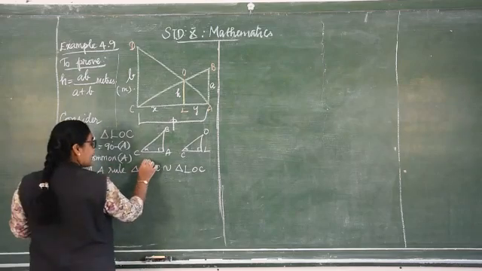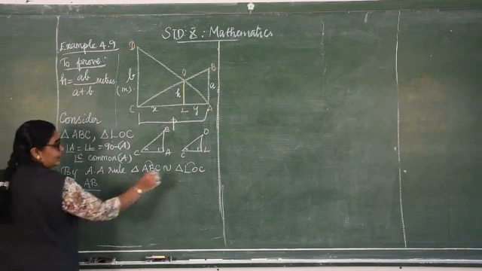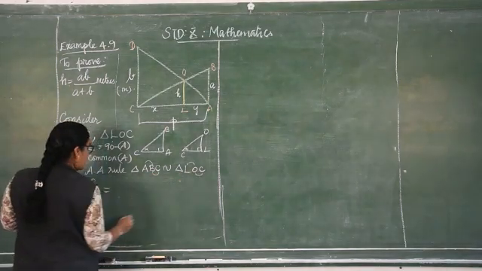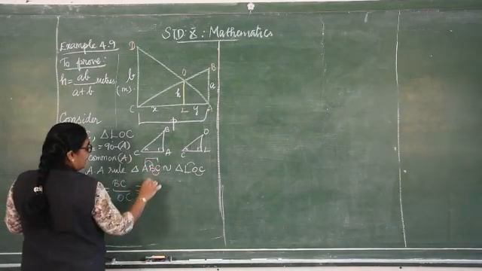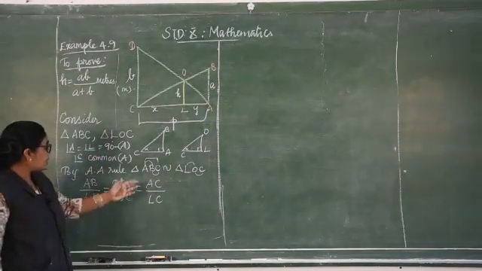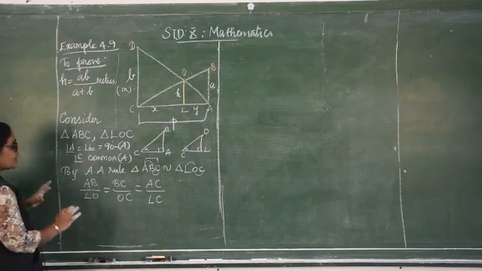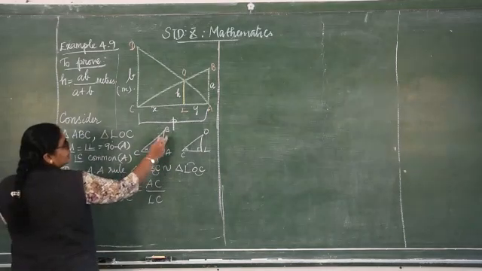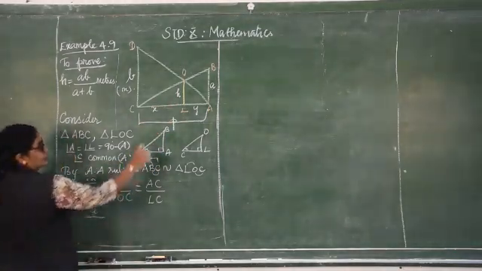So how can we write the conditions now? AB by LO is equal to BC by OC, is equal to AC by LC. After writing the values, whichever side we don't know, we will leave. Don't bother about that side. Do we know the AB side? We know AB as A. And what is LO?